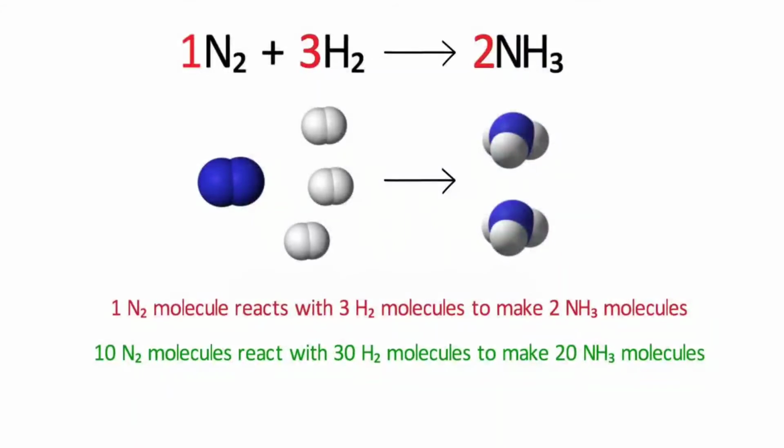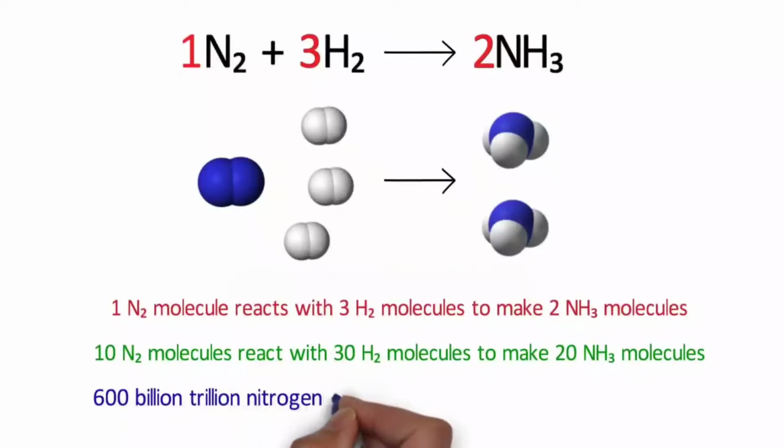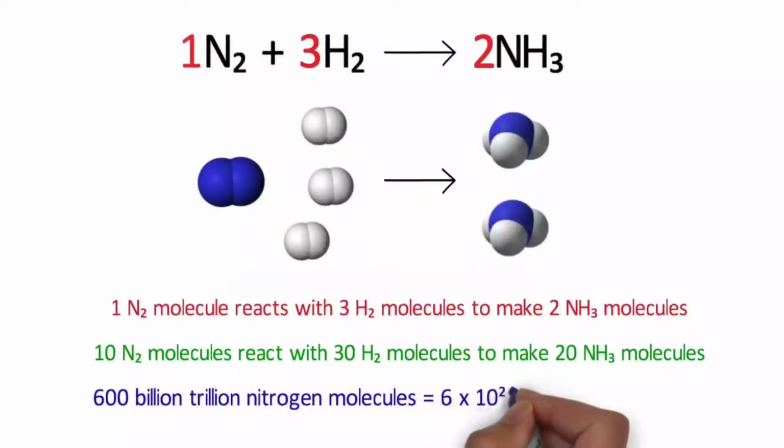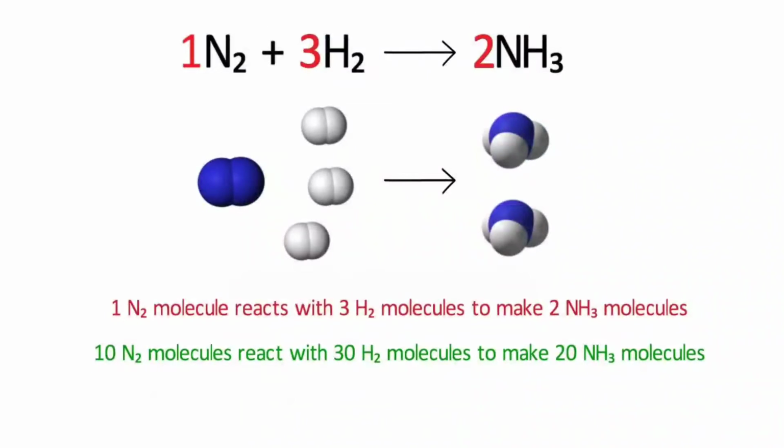So, let's talk about a large amount of nitrogen. The air you breathe in every minute when you are walking contains approximately 600 billion trillion nitrogen molecules, which is equal to 6 times 10^23.